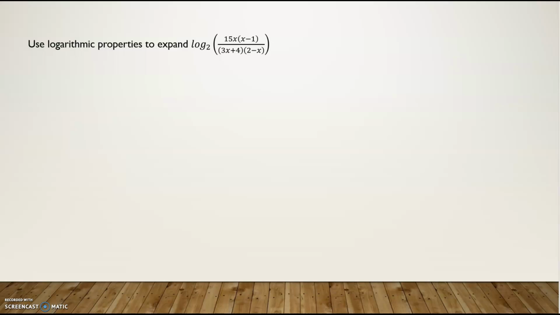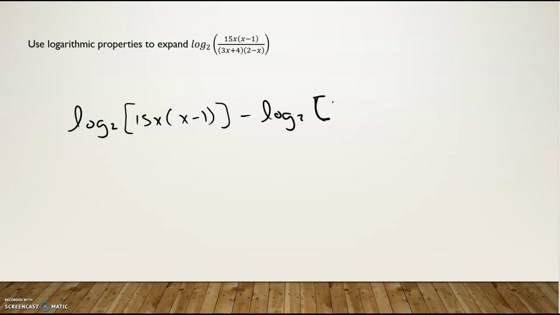So first off, let's do log base 2 of this entire thing right here, 15x times x minus 1, minus log base 2 of 3x plus 4 times 2 minus x.